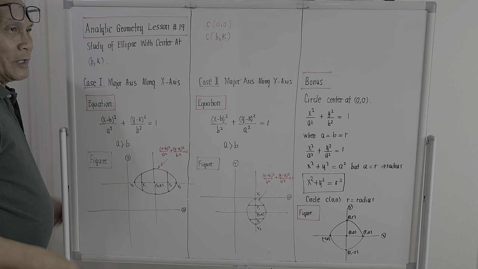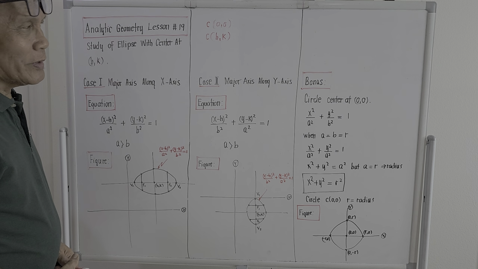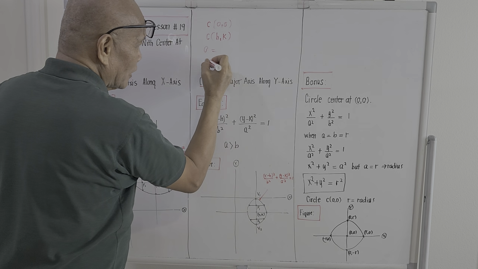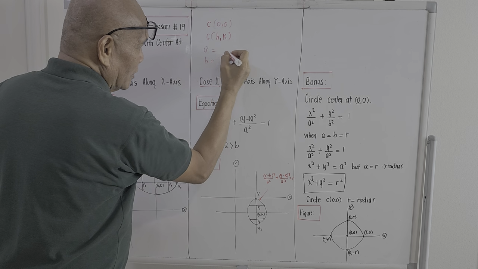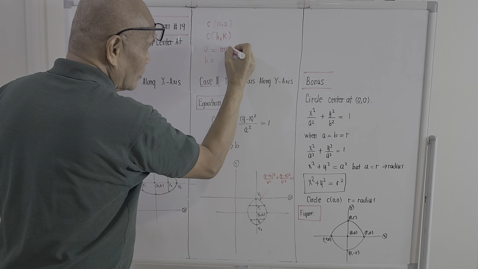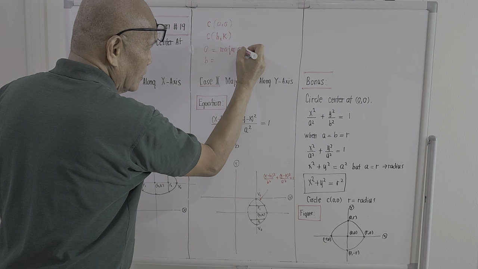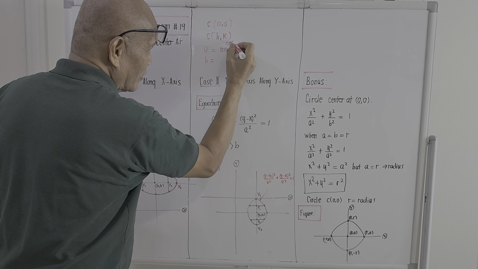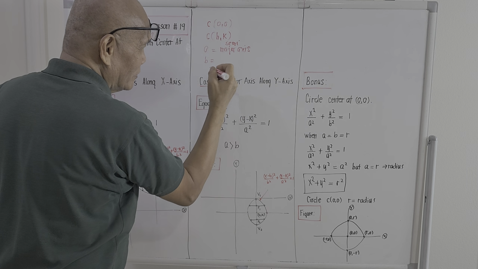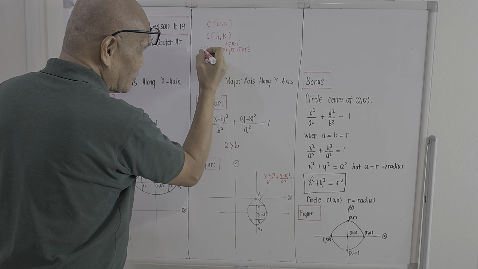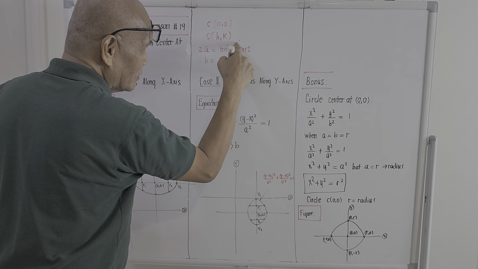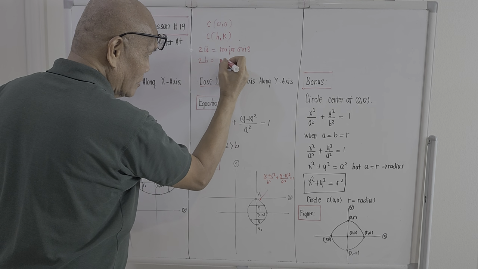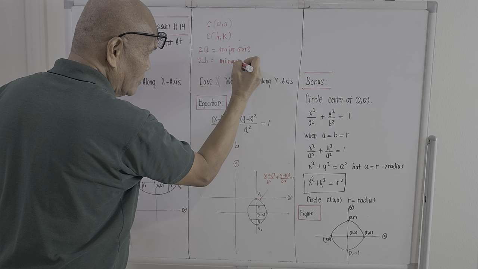For the study of ellipse, there are two major measurements, that is actually a and b. A is the length of the semi-major axis, because it's only a. But if it's 2a, it should be the major axis. And 2b is the length of the minor axis.